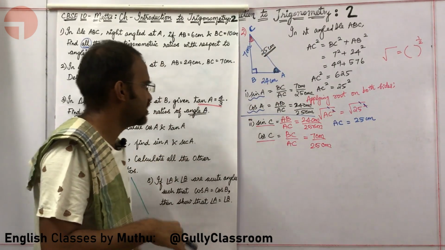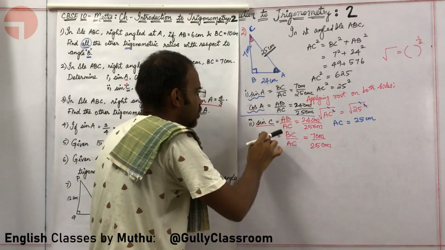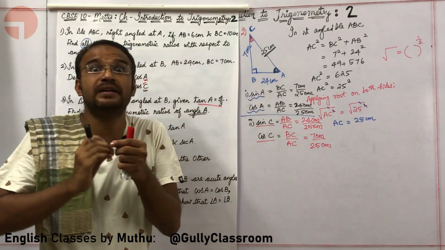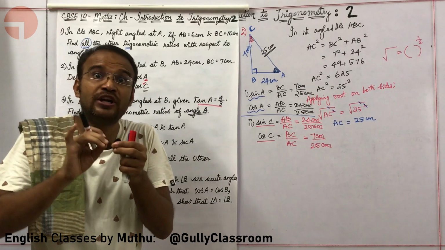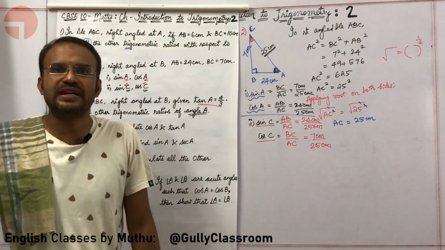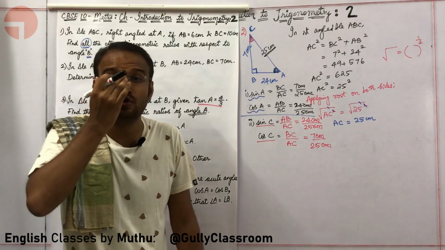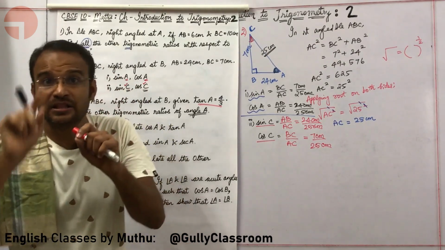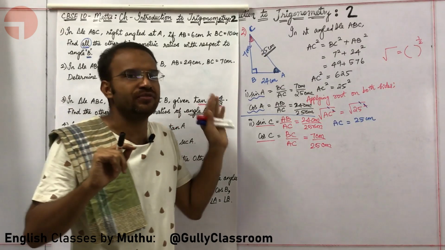The values are changing. Similarly, cos A and cos C are changing because trigonometric ratios depend only on the angles. They do not depend on the length of the sides.